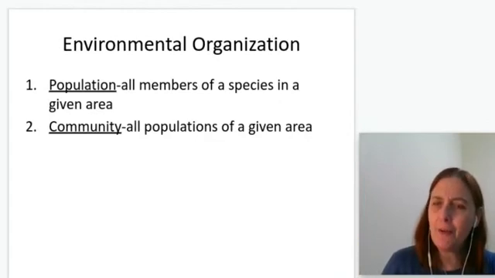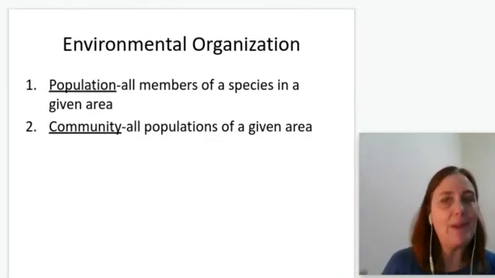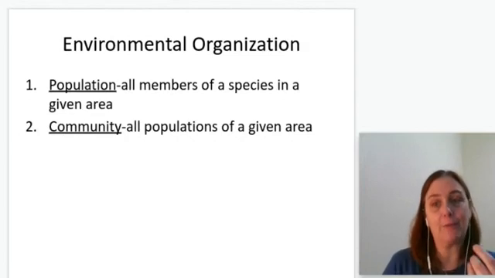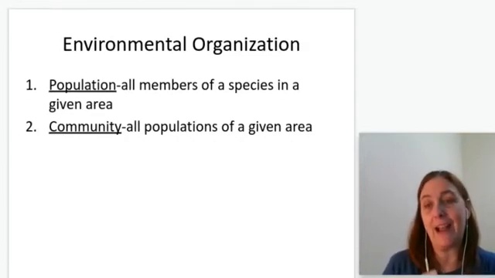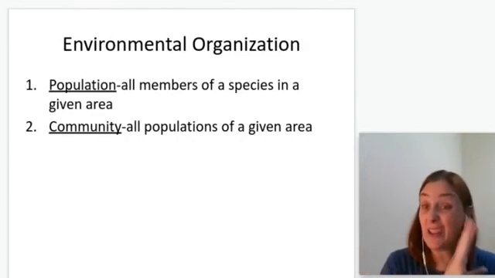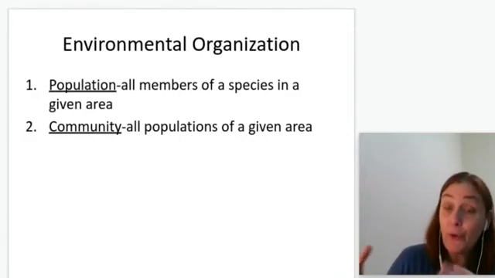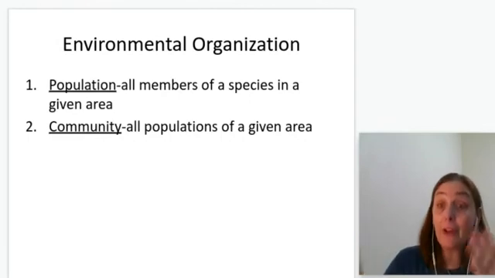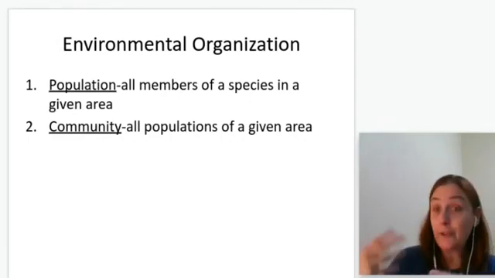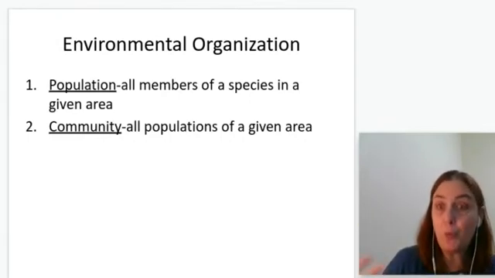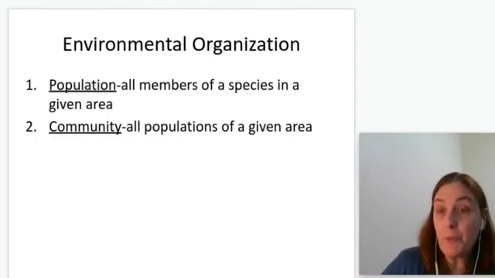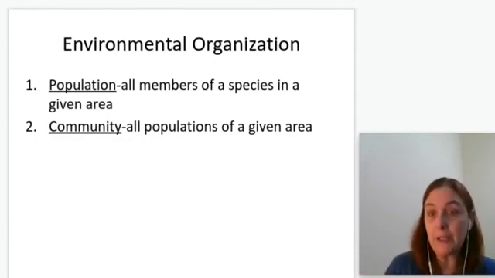But what do we know about the weather that makes it different from the community, the rabbits and the coyotes and the grass and the berries, right? That's all living stuff, biotic factors. But we also want to know about the climate and the weather, and how much water is available and whether the water's been poisoned or polluted, right?